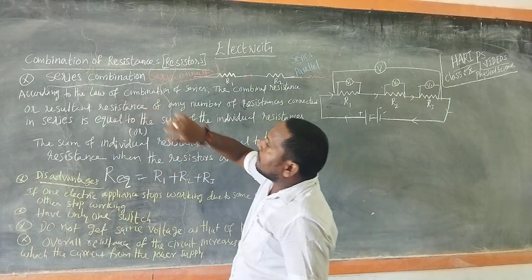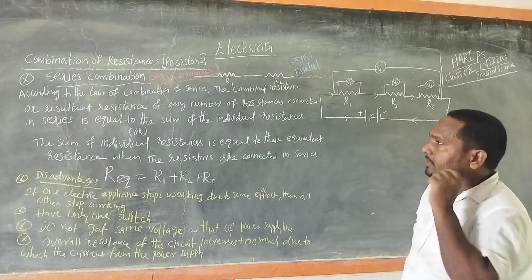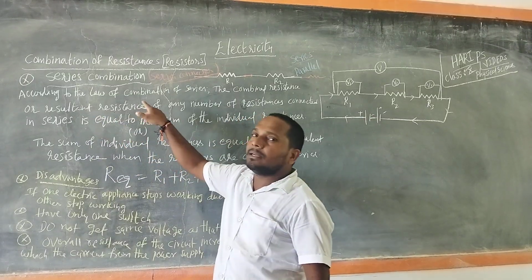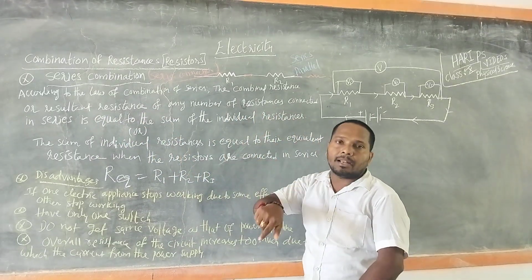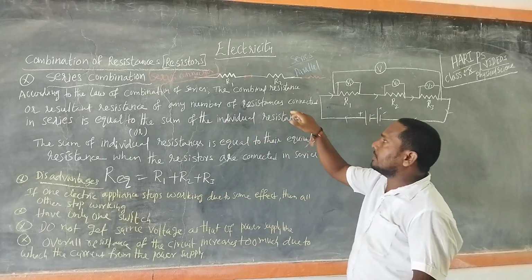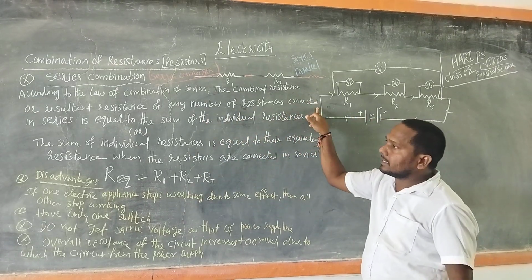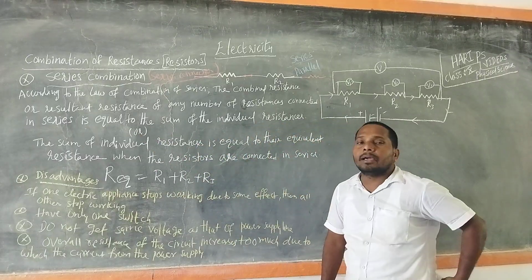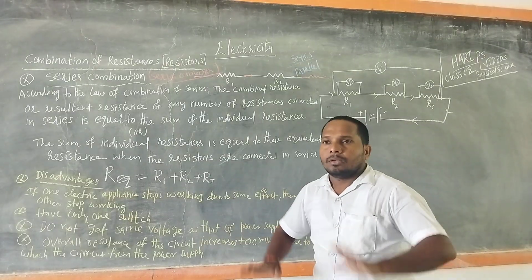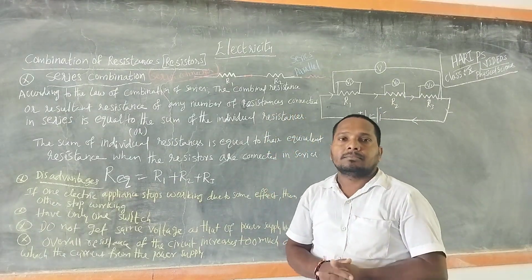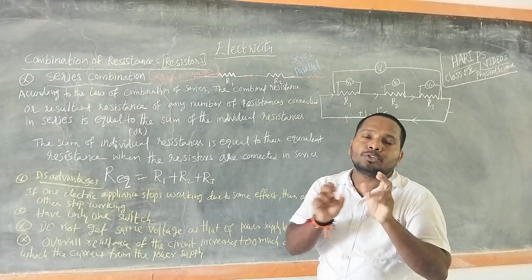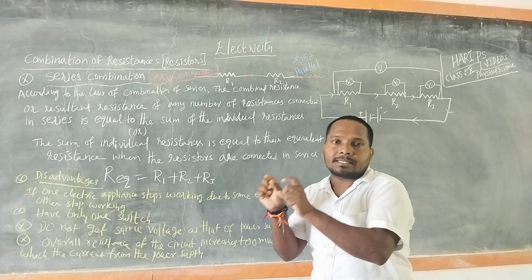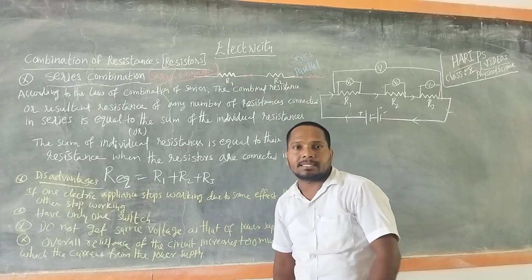According to the law of combination of series, the combined resistance, or the resultant resistance, or equivalent resistance of any number of resistors connected in series is equal to the sum of all the individual resistances.